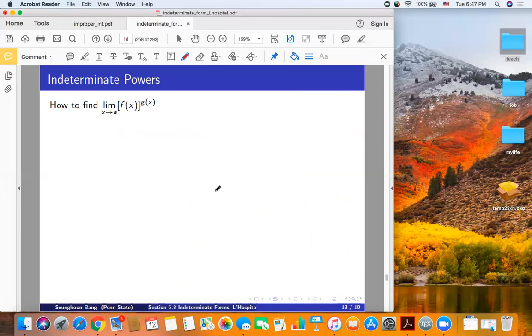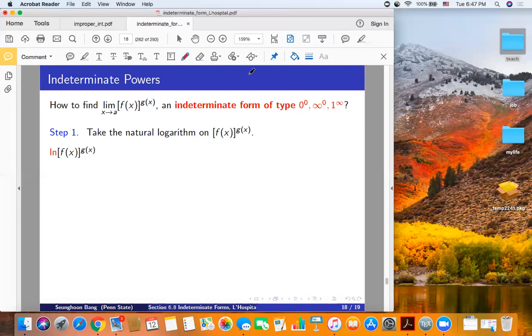Next, how can you find the limit of f of x to the g of x in indeterminate form? Step 1, take ln. The g of x comes down: g of x times ln of f of x. Step 2, take the limit as x approaches a.